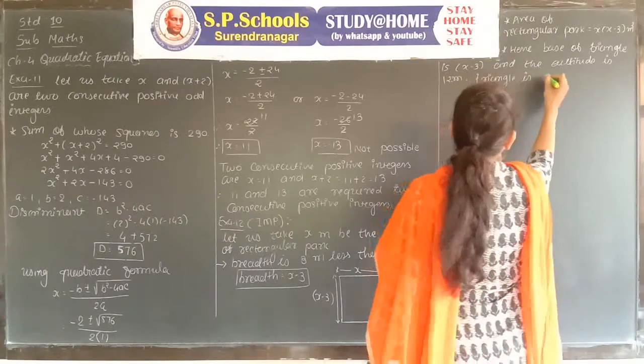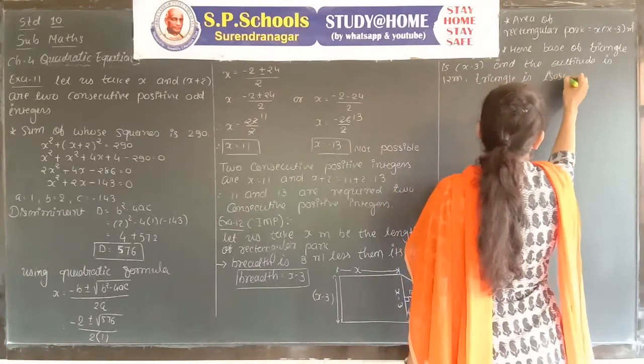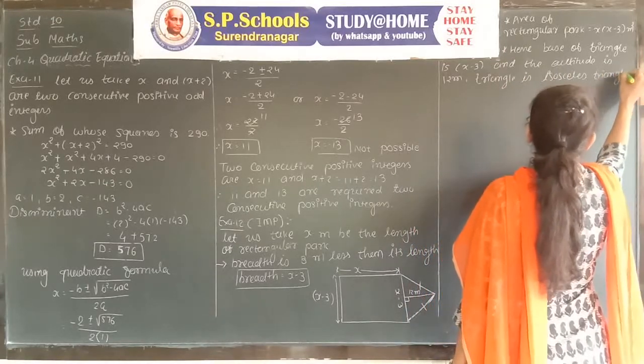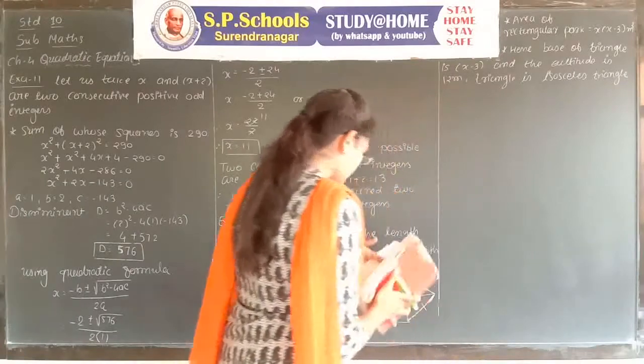The triangle is an isosceles triangle, as given in the question.